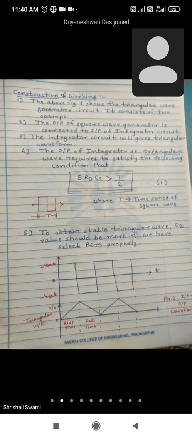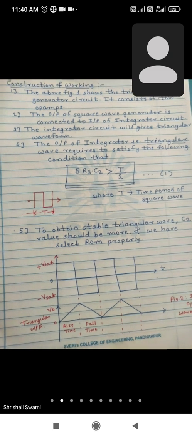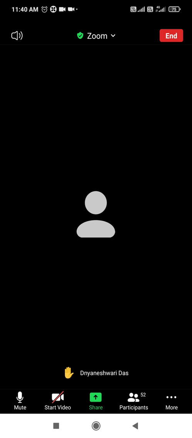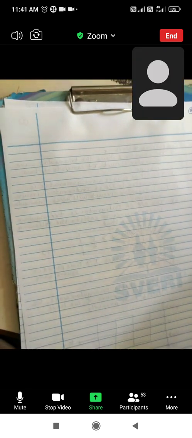Now we can start circuit 2, that is, designing the triangular waveform generator using another circuit. Circuit 1 we have completed.